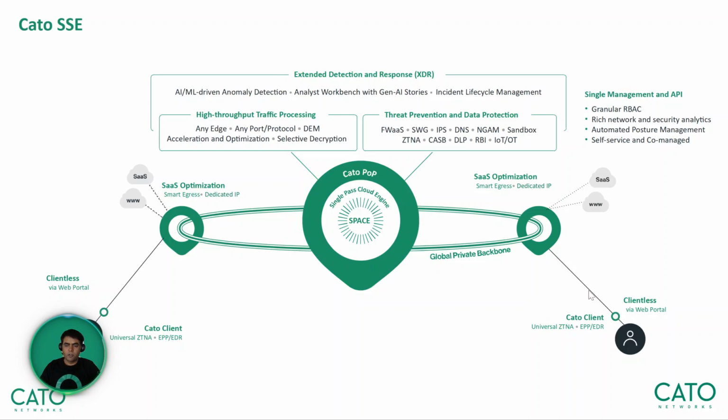Another differentiator I want to explain briefly is the CATO private backbone, which is the USP of CATO. The whole idea of the global private backbone is to make the internet reliable. If a remote user is connecting to a nearby POP and accessing a SaaS application that is sitting in a different part of the world, then CATO does SaaS optimization.